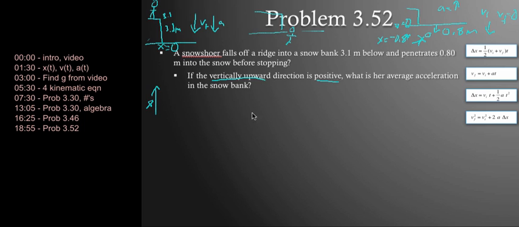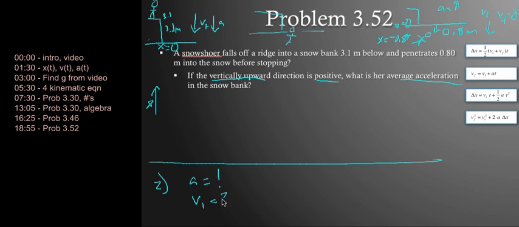So let's work through the mathematics. What we want to know ultimately is this acceleration. But we can't get that unless we know either the time that it took to accelerate, the final velocity, or the initial velocity in this case. We want to know this acceleration. What we don't know is this initial velocity.